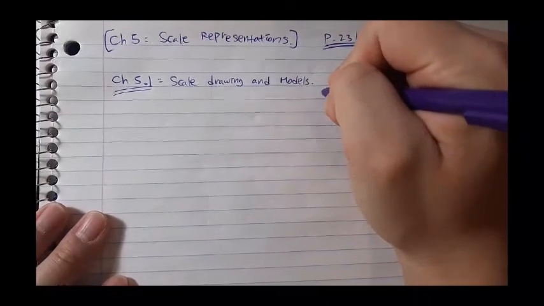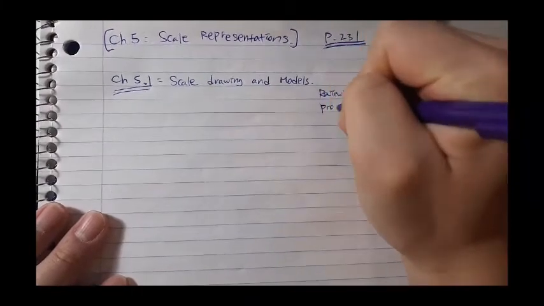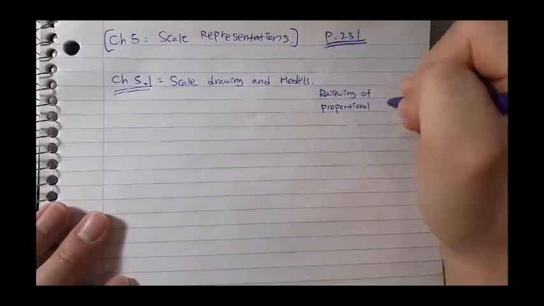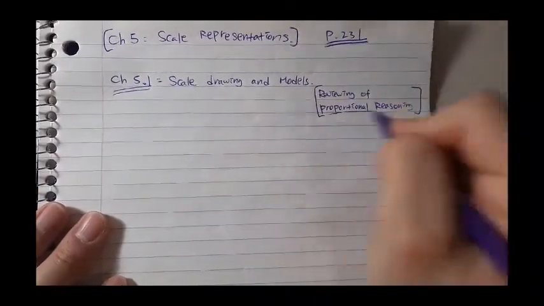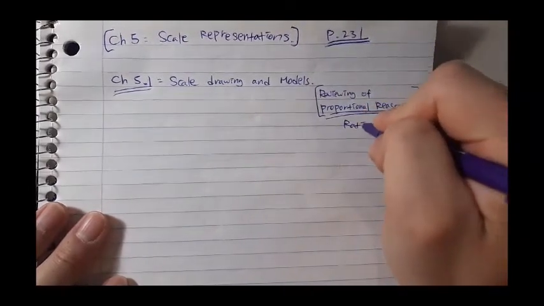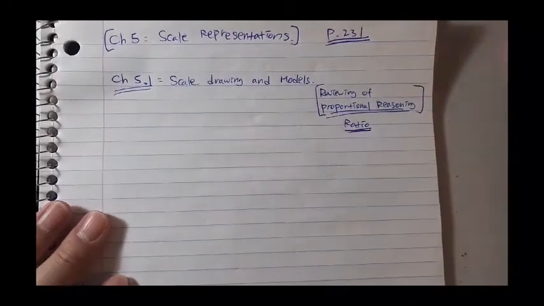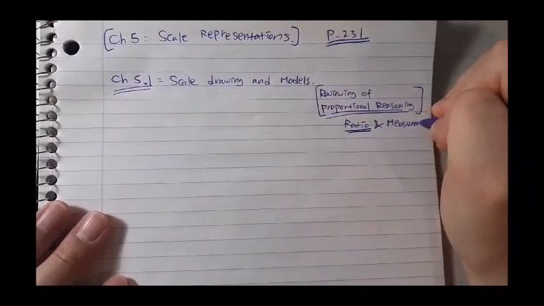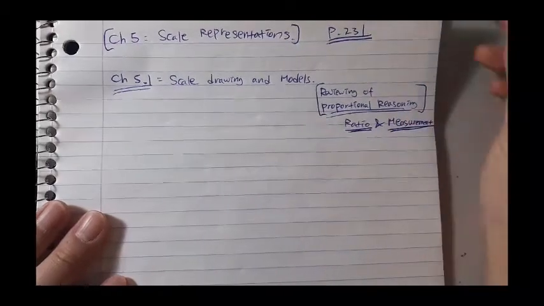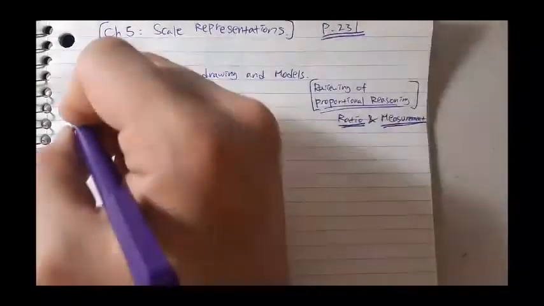Today's lesson is a little bit of reviewing of proportional reasoning, which means we're going to go back to our ratio for a bit, and the ratio combined with measurement, basically. Alright, so without further ado, why don't we all go to page 232.